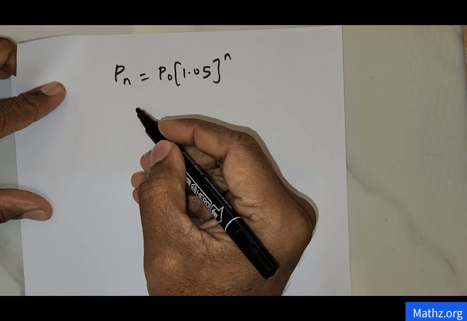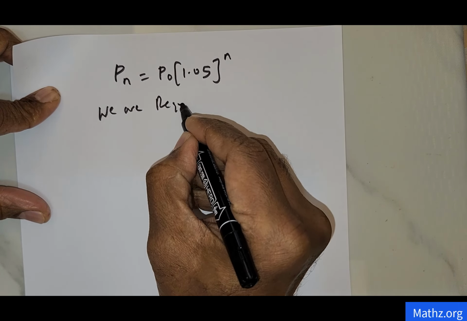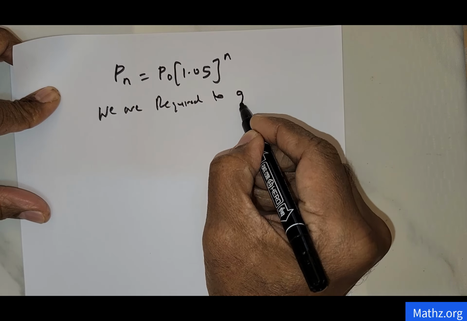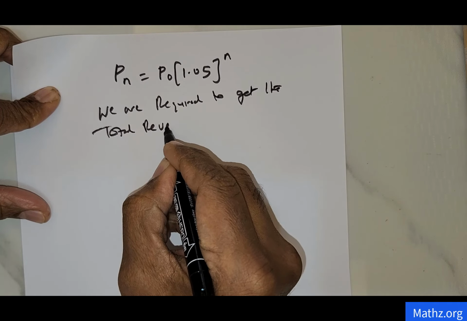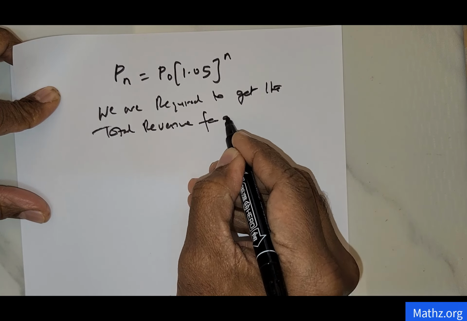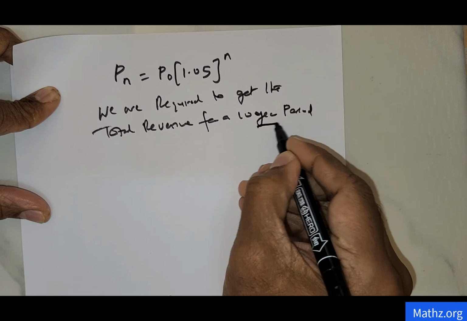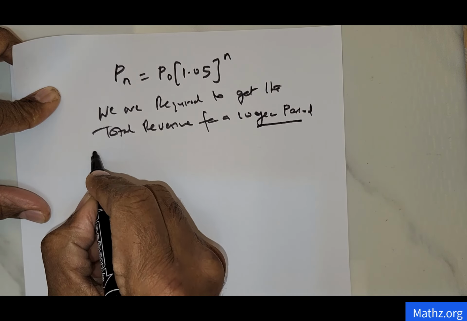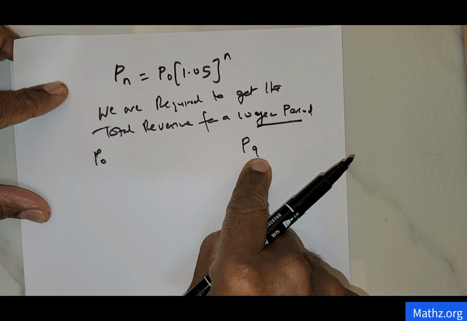So we are asked to find the total revenue. We are required to get the total revenue for a 10-year period. So that means starting from P0 all the way we go to P9.